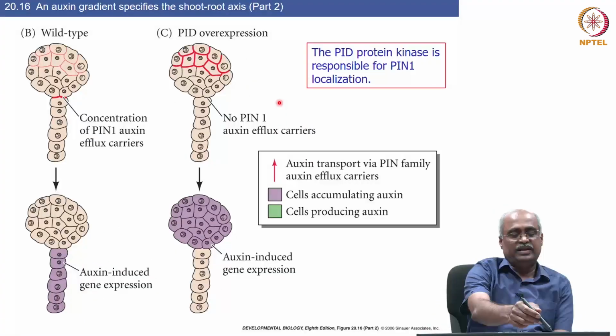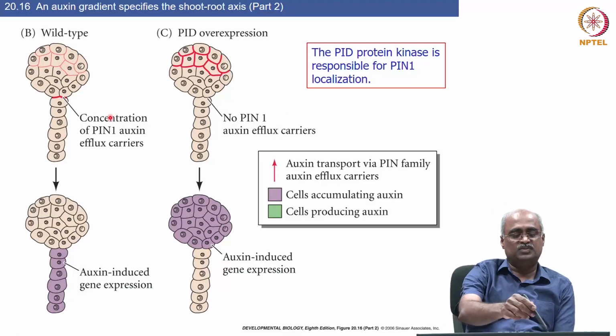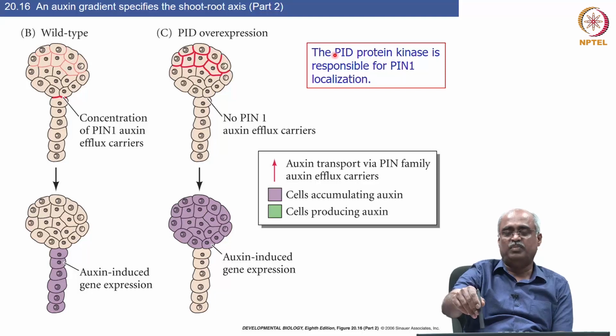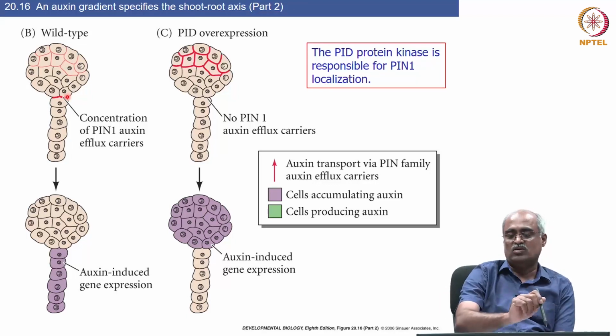So here, for example, in this wild type, based on this kinase, PID kinase, sorry, I said PID1, it is actually PIN1 and it is just simply PID. So the PID protein kinase is responsible for the normal PIN1 localization.